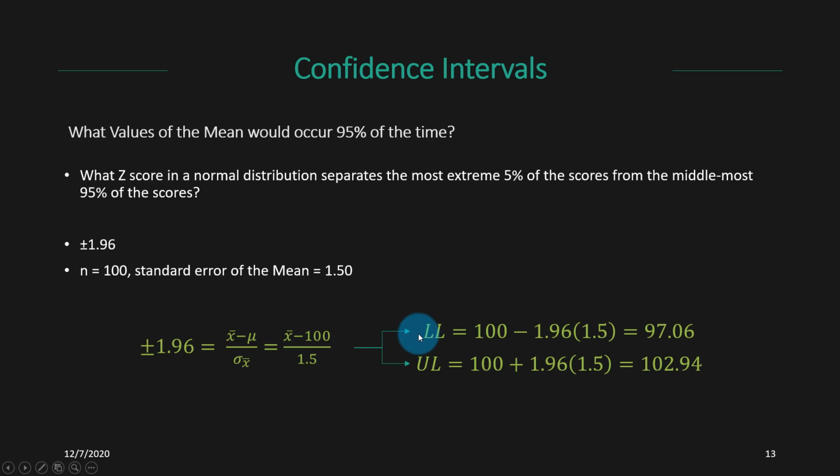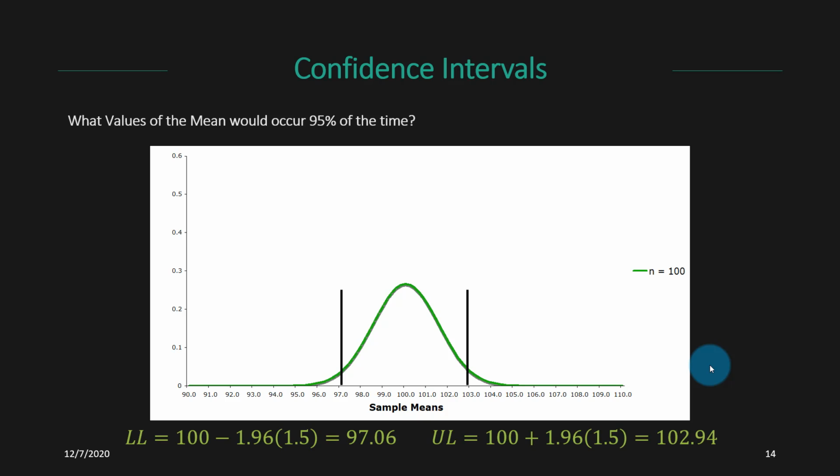So we're going to turn that into a lower limit, which works out to be 100 minus 1.96 times 1.5, so that's 97.06, and an upper limit, which is 100 plus 1.96 times 1.5, which is 102.94. And we can see that a little more easily if we actually plot these values on the sampling distribution itself.